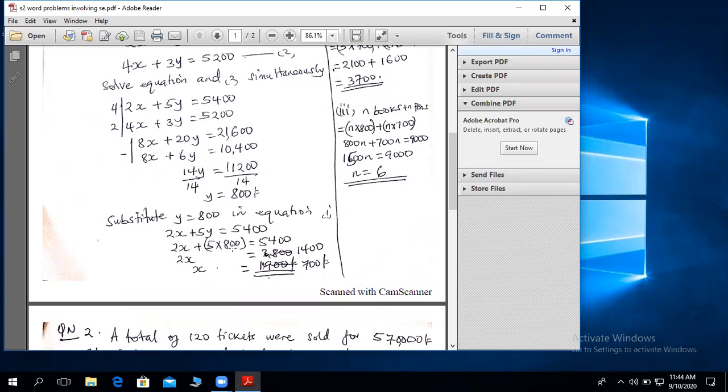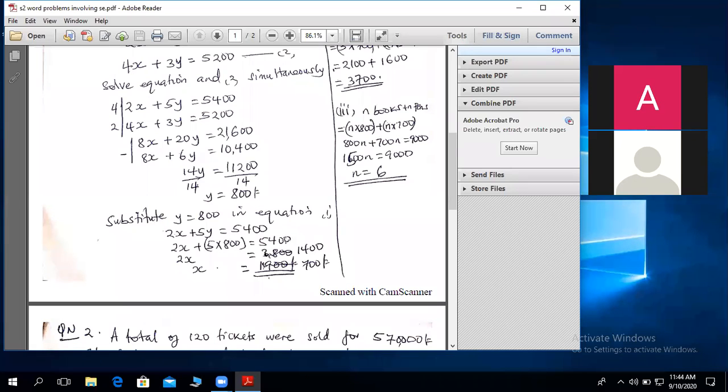This is 4,000. When I take it to the other side, it becomes a minus. So 5,400 minus this 4,000, the calculator gives me 1,400. And I divide x by 2. By 2, my x is equal to 700.